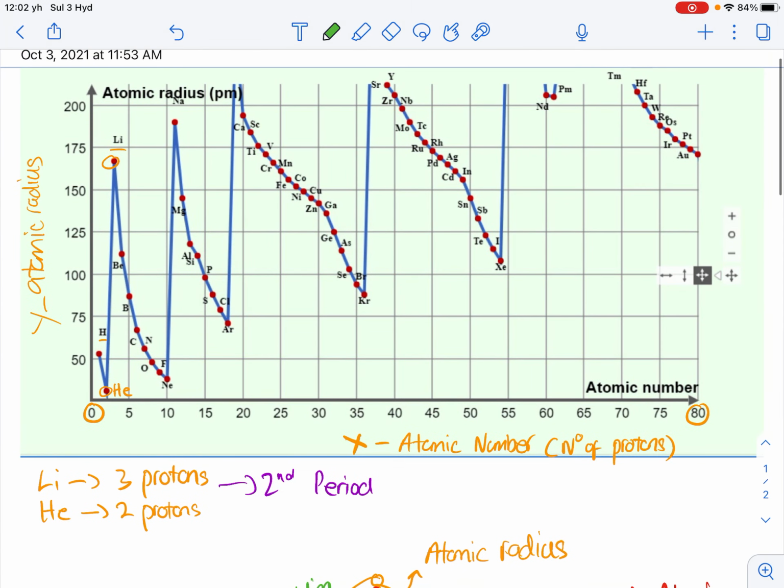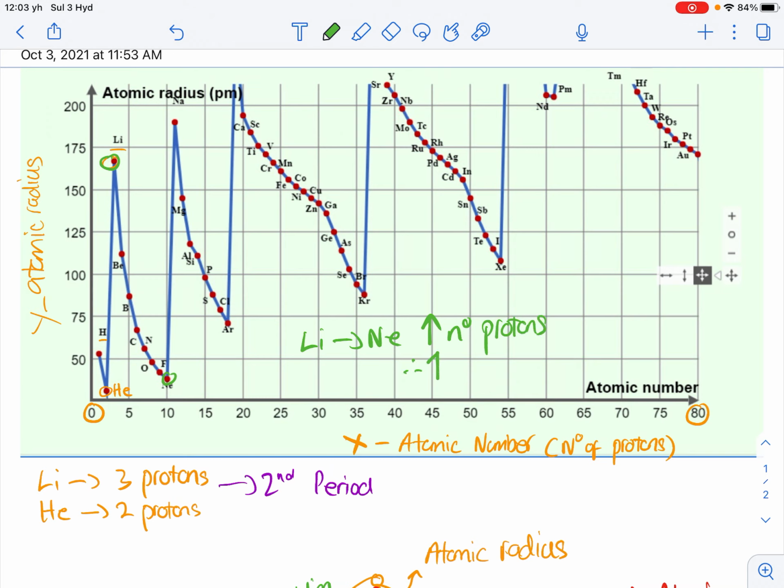Now, if we look at what's going on, back to our graph here, from lithium to neon, if you think about what we spoke about between hydrogen and helium, you will hopefully be able to fill in the gaps to see what's going on there. Because remember, each time we start with lithium and go across the period all the way to neon, we are increasing the number of protons.